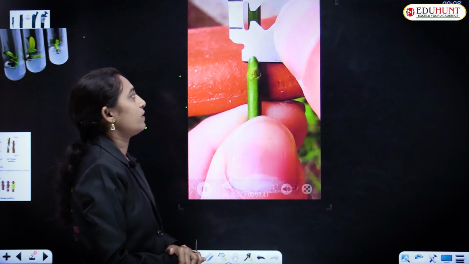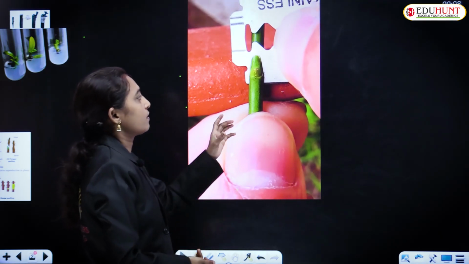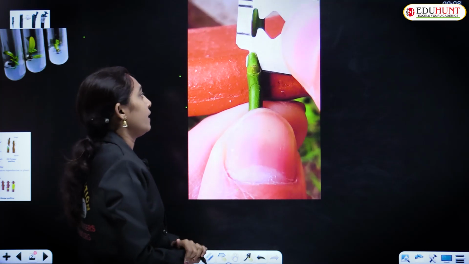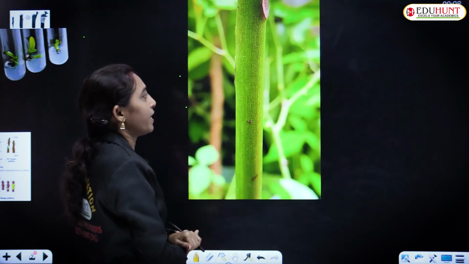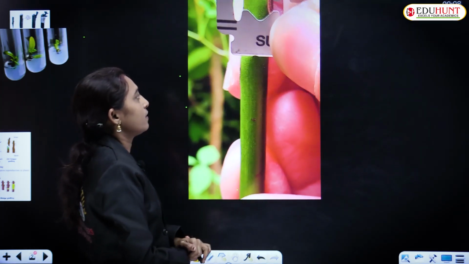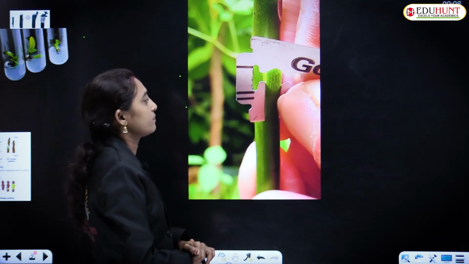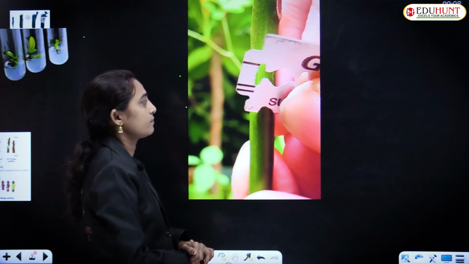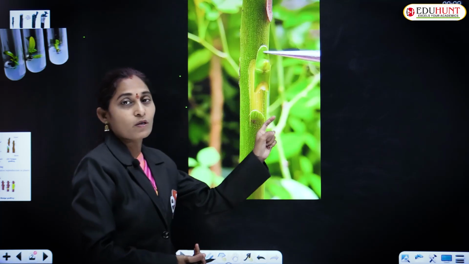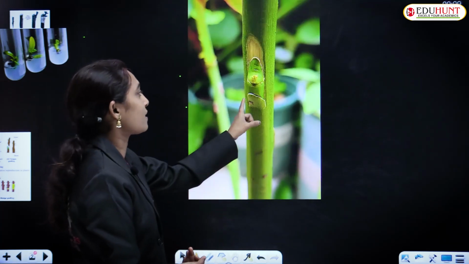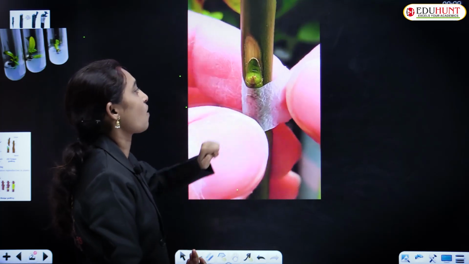See carefully. Observe it. A basal stock is taken. A cut is made in the stock. Another portion, a stem cutting from another plant, is taken and inserted in the stock.